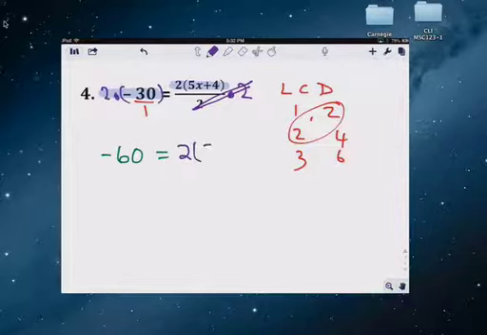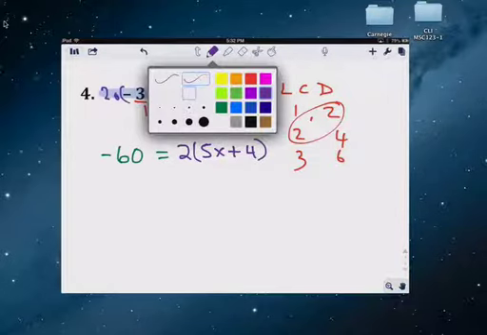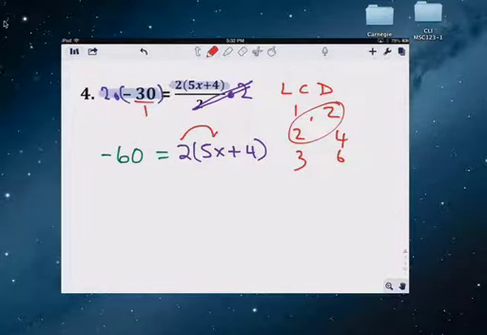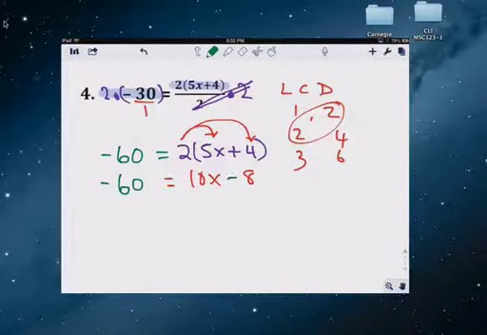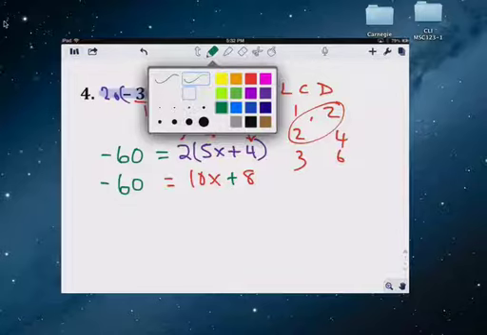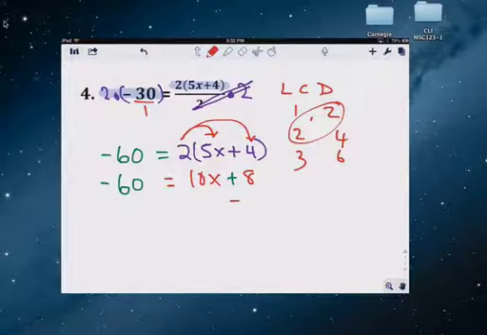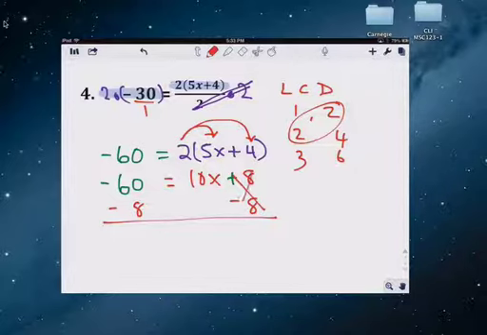2 parentheses 5x plus 4. Distribute, here and here you get 10x, here to here you get 8, equals negative 60. Okay, minus 8, minus 8. Negative 68 equals 10x.